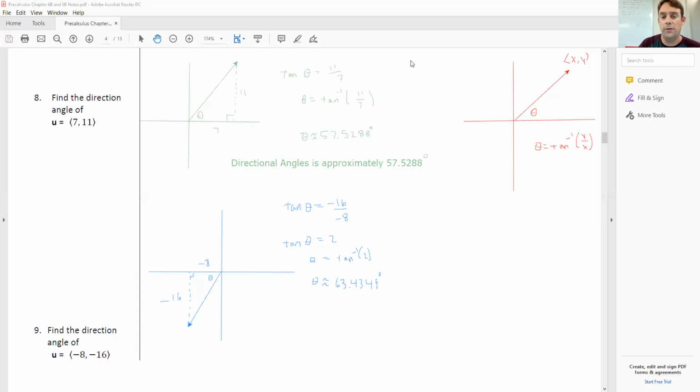Let's think here for a second. Friends, that would be up here. I still got to figure out how to get all the way down there. So I got to remember that the period for tangent on the graph is pi, or 180 degrees. So I have to go 180 degrees more to get my directional angle.